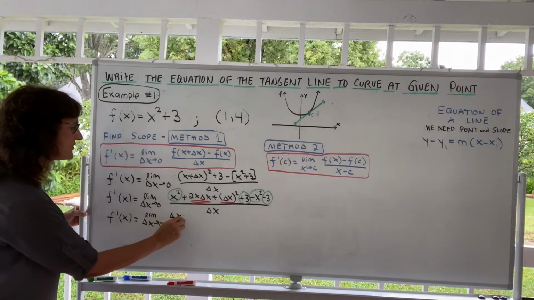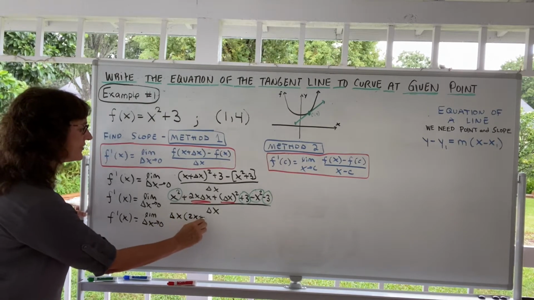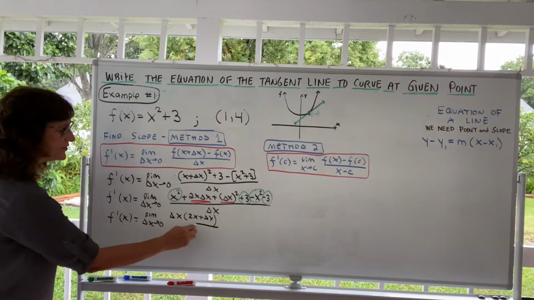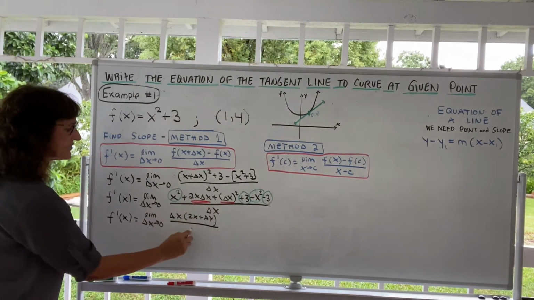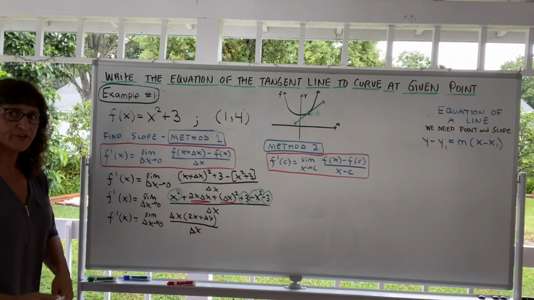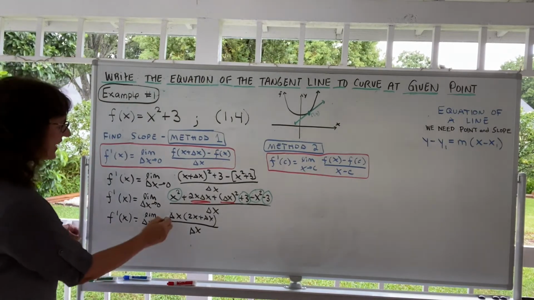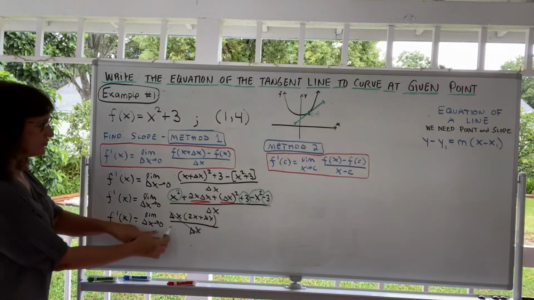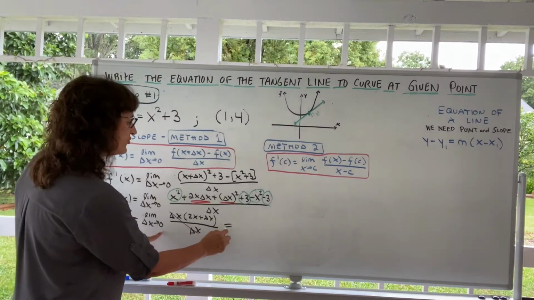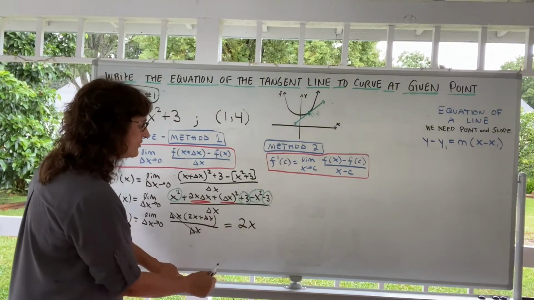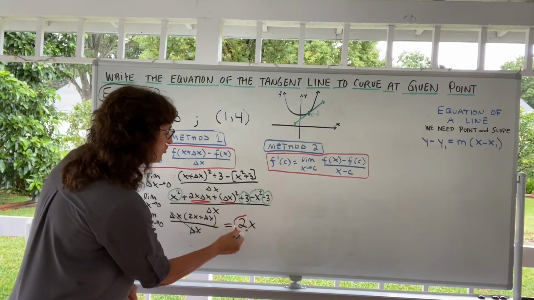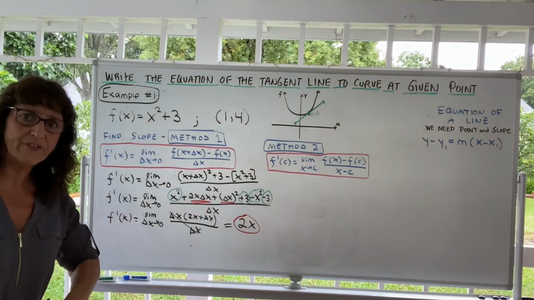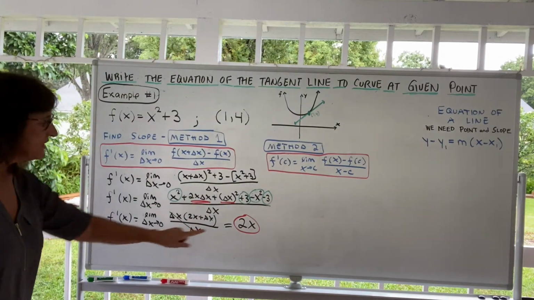The delta x cancels. Then when you substitute 0 in for delta x, the derivative of the function is just 2x. So if your function is x squared plus 3, then the derivative of this function is 2x.